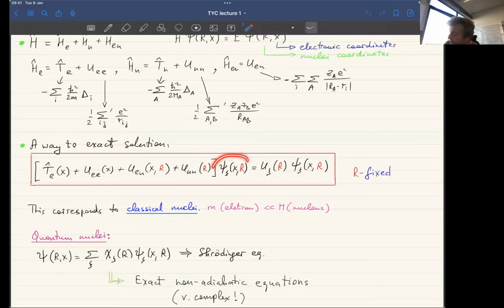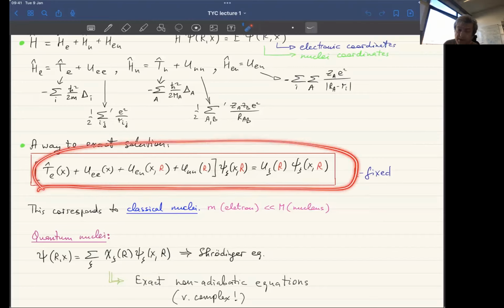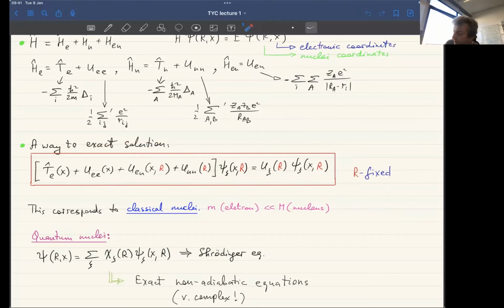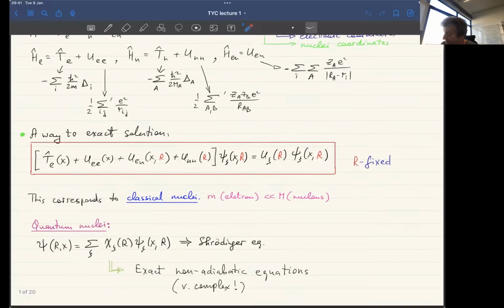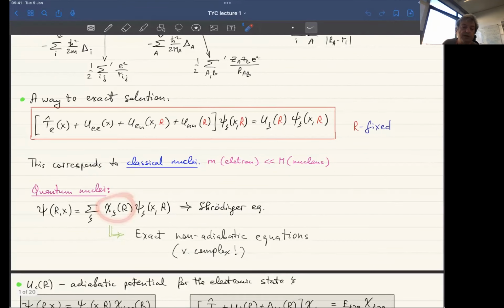Of course, these functions form a complete set because they are obtained by solving an eigenvector problem with this operator here, and therefore the total wave function, the exact wave function, can be expanded into them, and the coefficients of the expansion would be functions only of the nuclear positions, and this would correspond physically to nuclear wave functions.